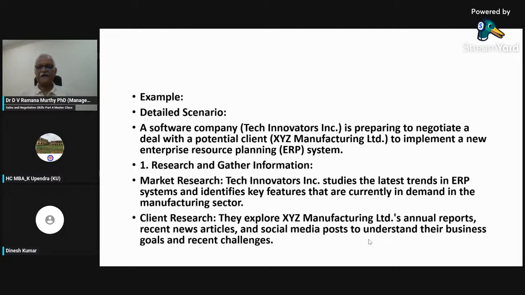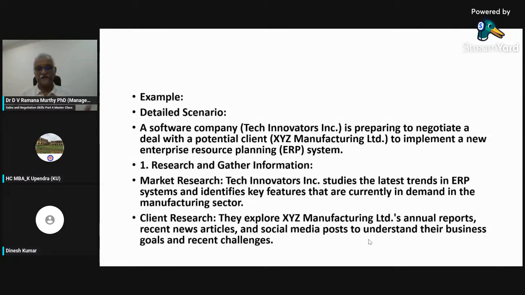Client XYZ Manufacturing Limited has got a lot of problems. So first is to study, if it is a going concern, their annual reports, recent news articles, and social media posts regarding ERP in manufacturing, to understand clearly the business goals and the recent challenges of ERP systems in the manufacturing industry.